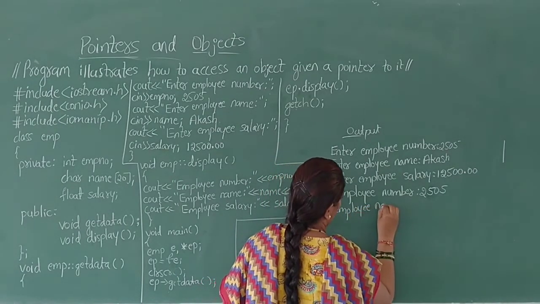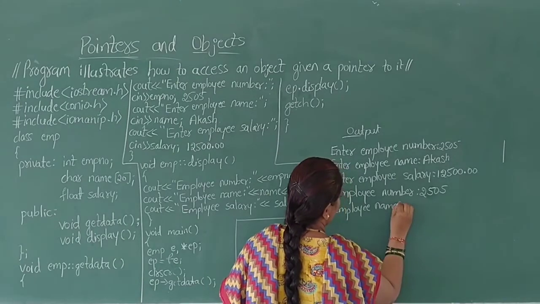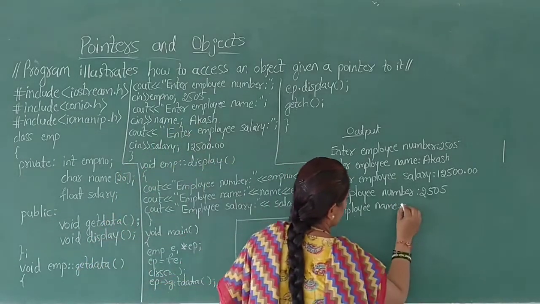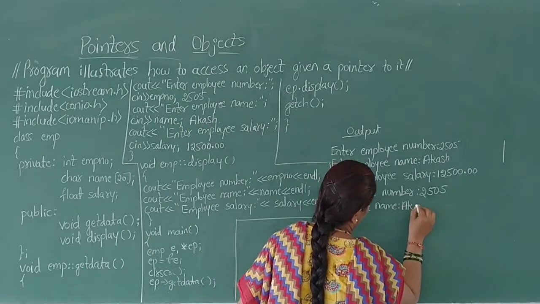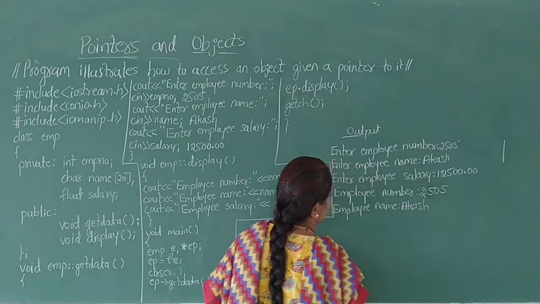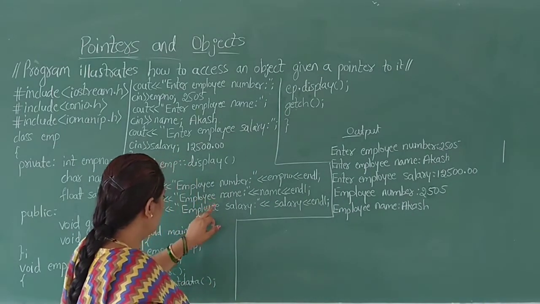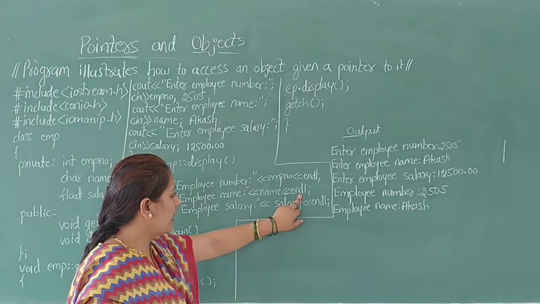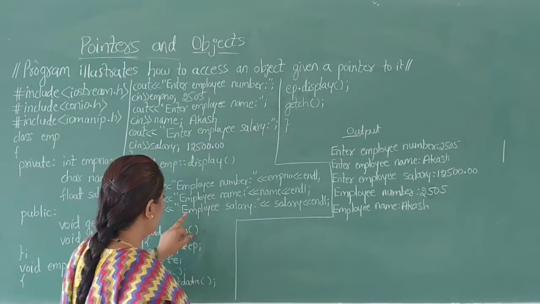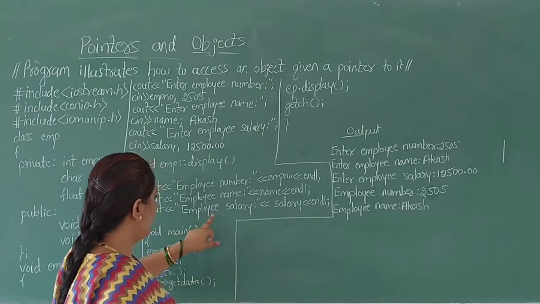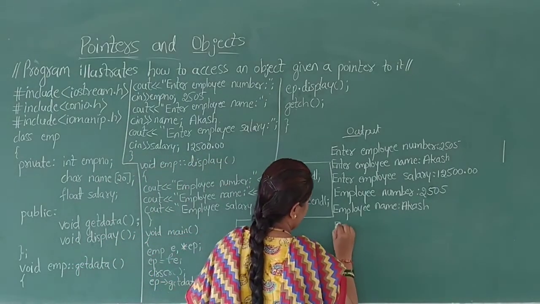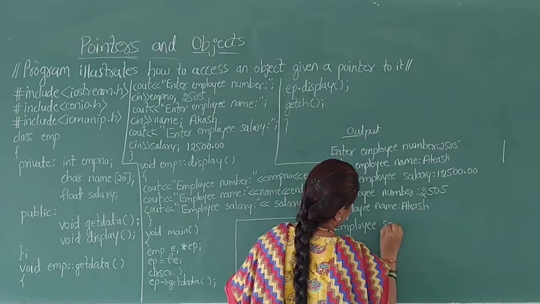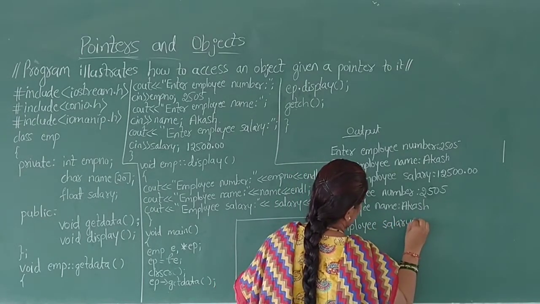Okay, the employee name is Akash. Then it displays the employee name as Akash. Then the endl manipulator takes effect and the control statement goes to the next line, and the next statement executes: Employee salary.